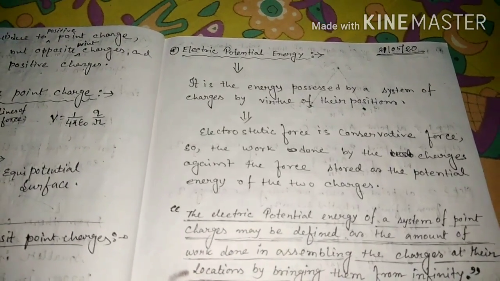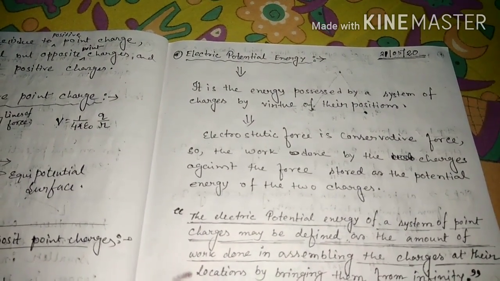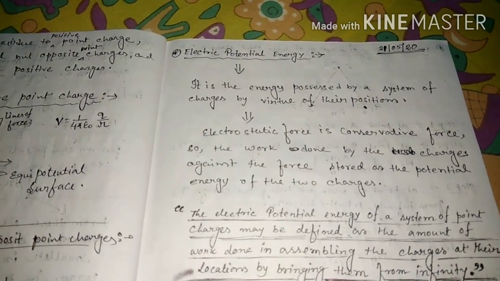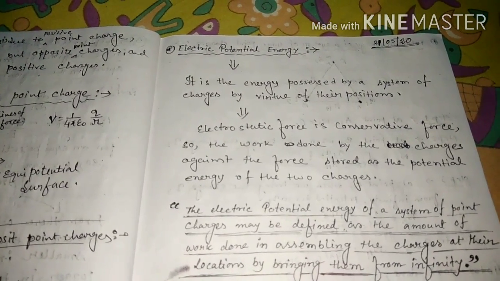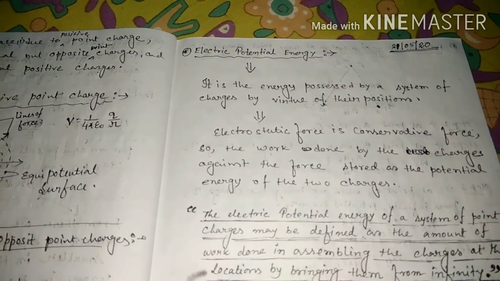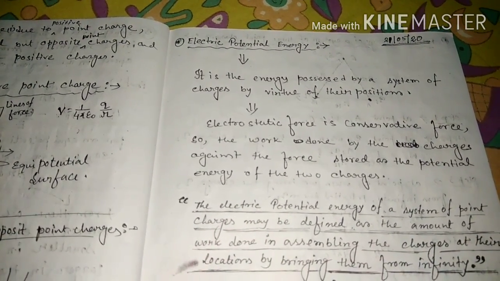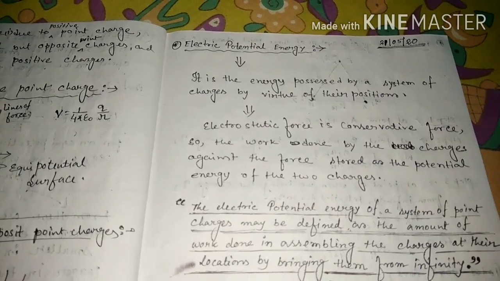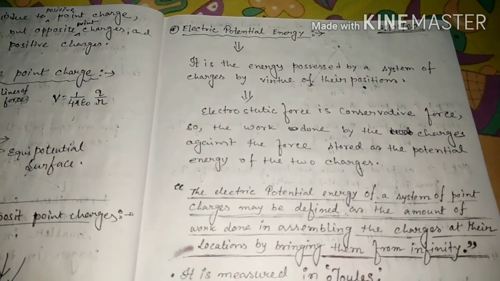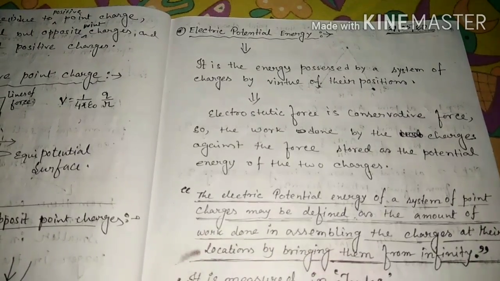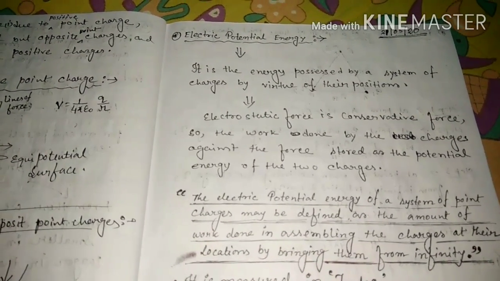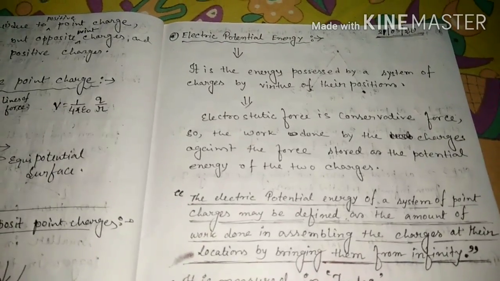Now in this chapter, electric potential energy means the energy possessed by electric charges. And we know that electrostatic force is a conservative force. So whatever work is done by the charges against the force is stored as potential energy inside the charge bodies.